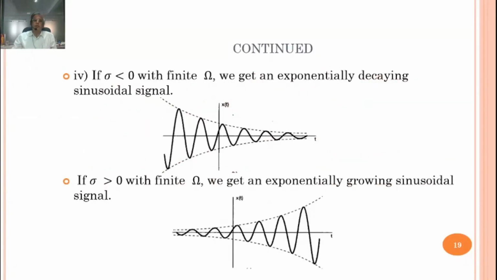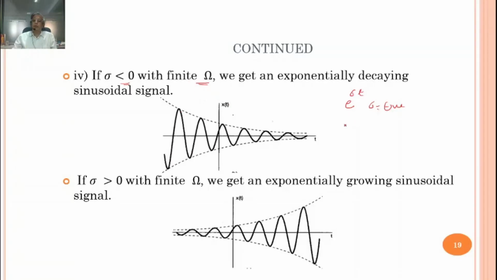Now when sigma is less than 0 and omega is finite, e raised to sigma t, less than 0, means this is a negative value, and due to the finite omega we are getting this sinusoidal waveform.